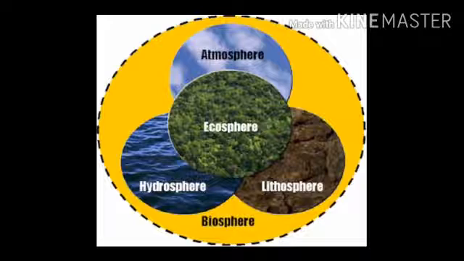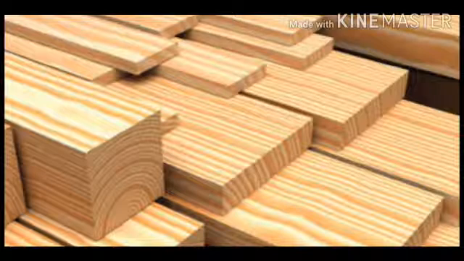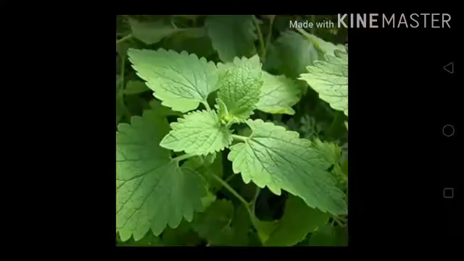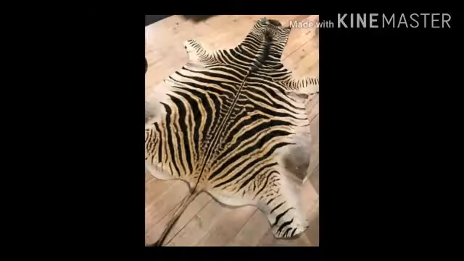So, this life supporting system is known as the ecosphere or ecosystem. There are innumerable uses of plants and trees, like they provide us timber, give shelter to animals, produce oxygen, gives us fruits, nuts, gum, medicinal plants, etc. Animals provide us milk, meat, hides, and wool.